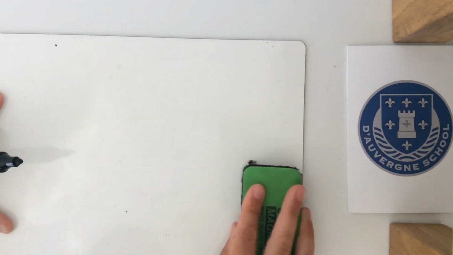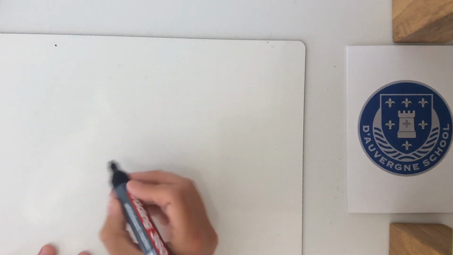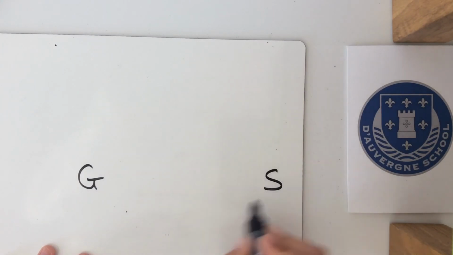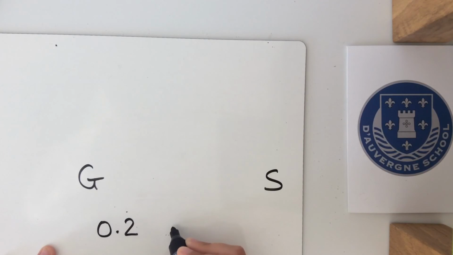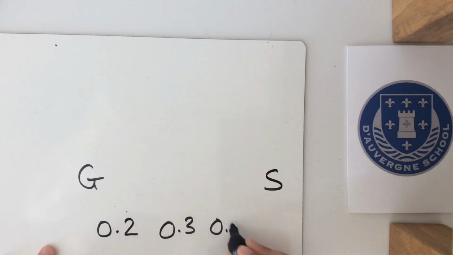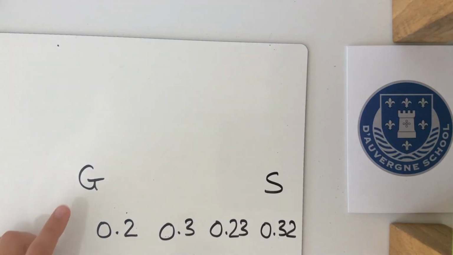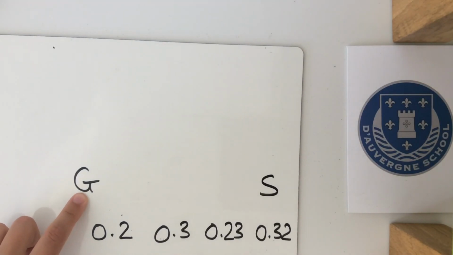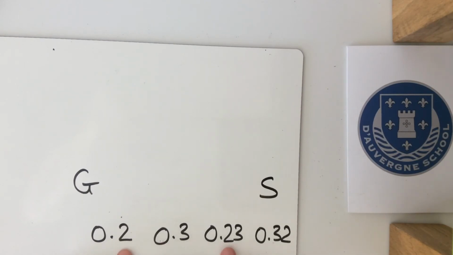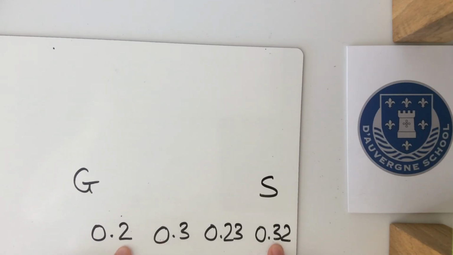Now we're arranging in decreasing order, so we're going from greatest to smallest. We've got 0.2, 0.3, 0.23 and 0.32. So we're looking for the biggest first, the greatest. So let's look at the tenths column. We've got 2, 3, 2, 3.